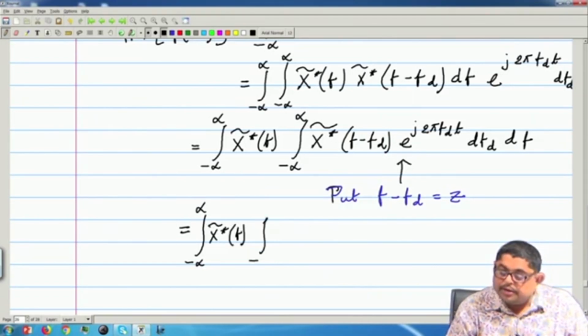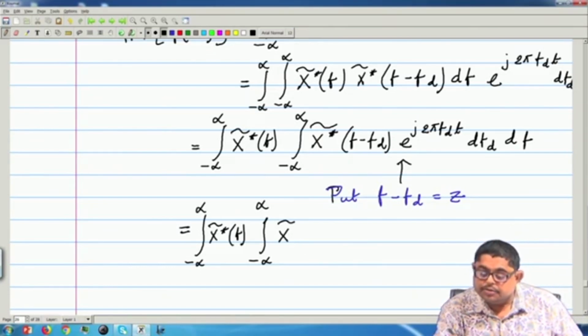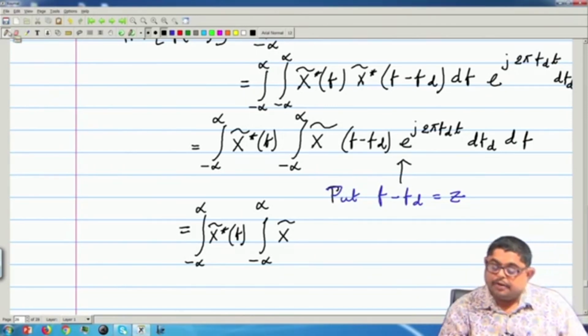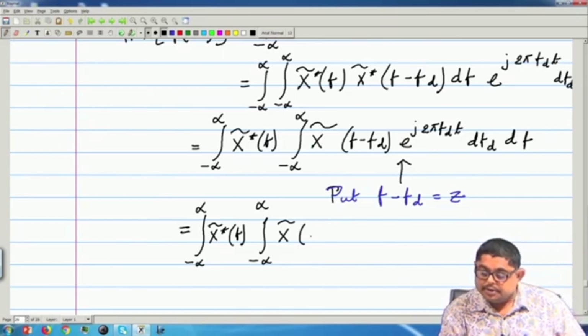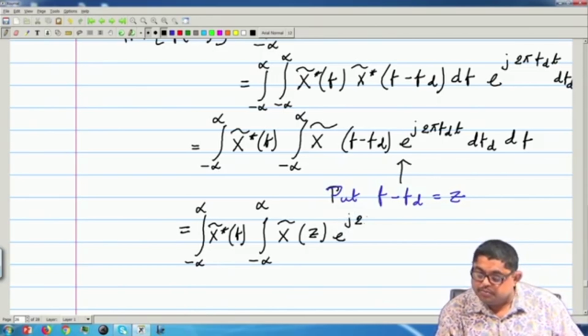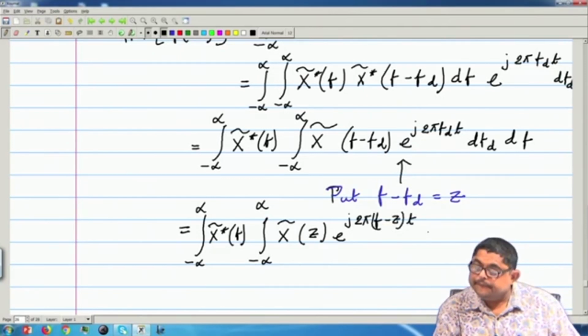So, we will get the integral from minus infinity to infinity of x z e to the power j 2 pi f minus z t, then minus dz df.